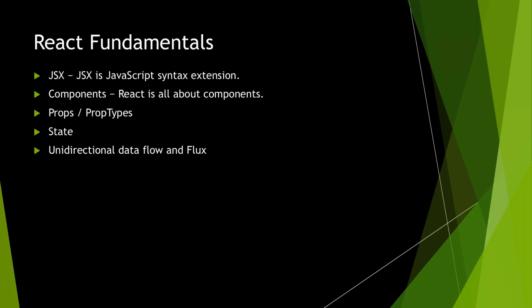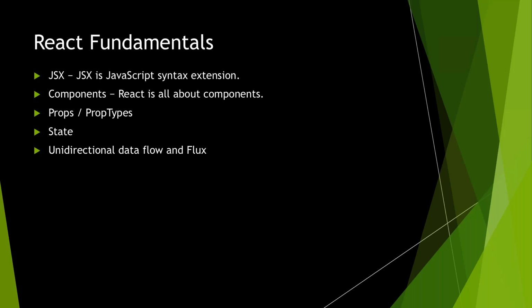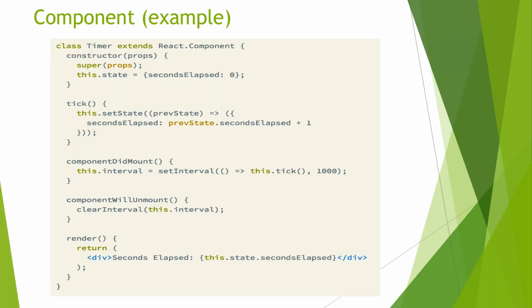Okay. Now coming back to these examples, props is something that I explained to you. State. Now what is a state? A state basically is some variable, like if you go back to this example.